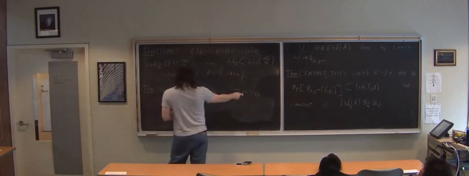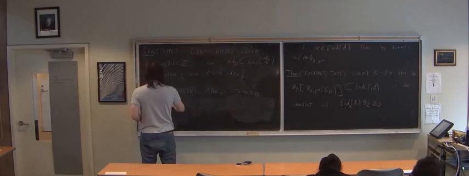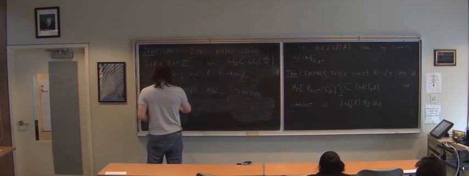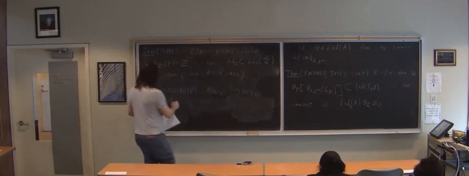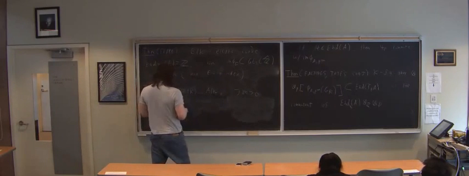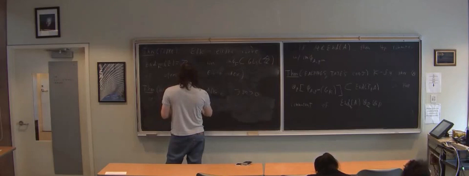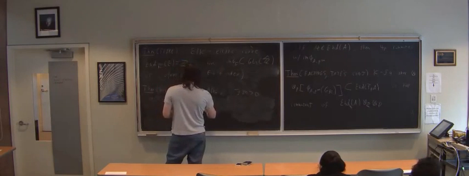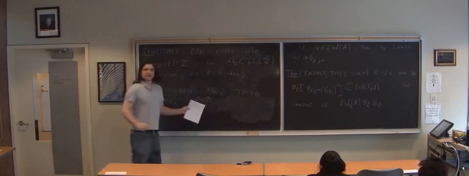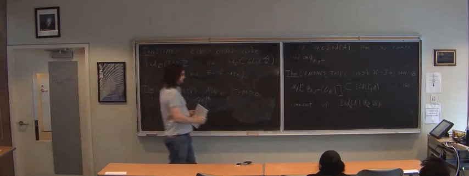But there exists a positive integer M such that the adelic image of rho_A, at the very least, contains not quite the full center, but it contains the Mth power of the center. Okay?